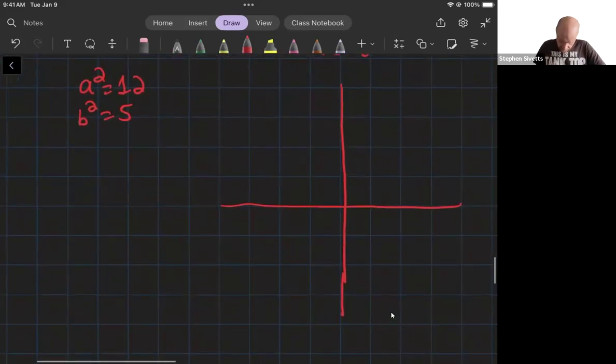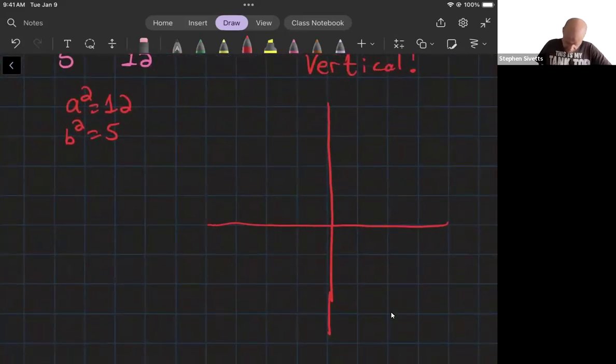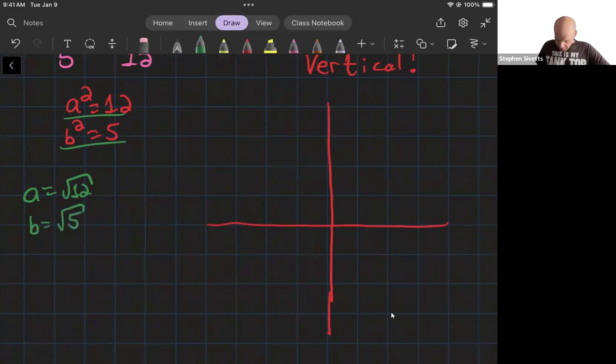We need to figure out what a and b equal. If we square root both sides of these equations, we have that a is equal to the square root of 12, and b is equal to the square root of 5. Square root of 5 is a little bit bigger than 2.